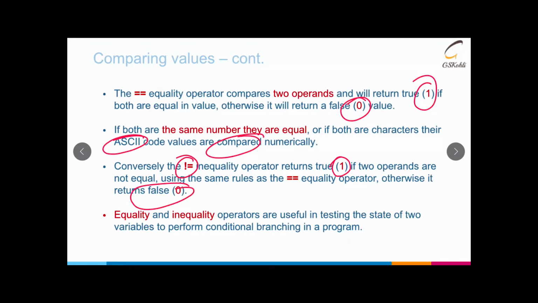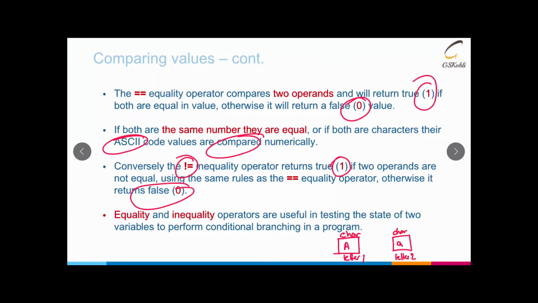So how you want to remember it, just draw some boxes. If I, for example, have a char box, called, let's say, letter 1, and we put a capital A in it, and we put another box, which is a char as well, and we put a lowercase a in it, and we call it letter 2.